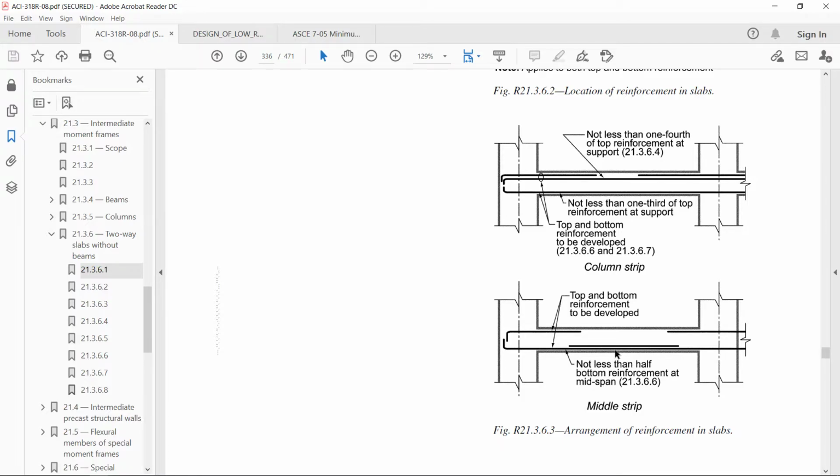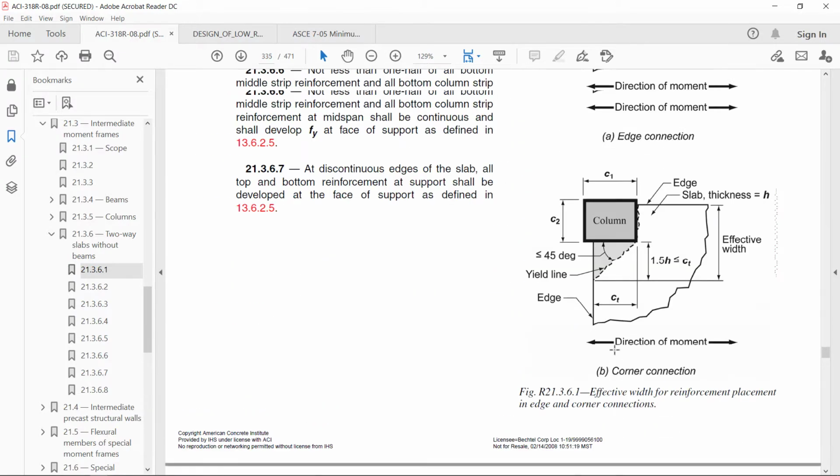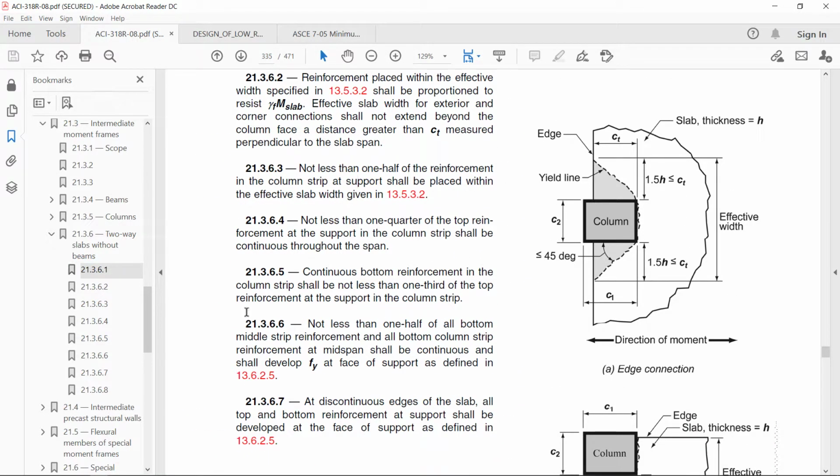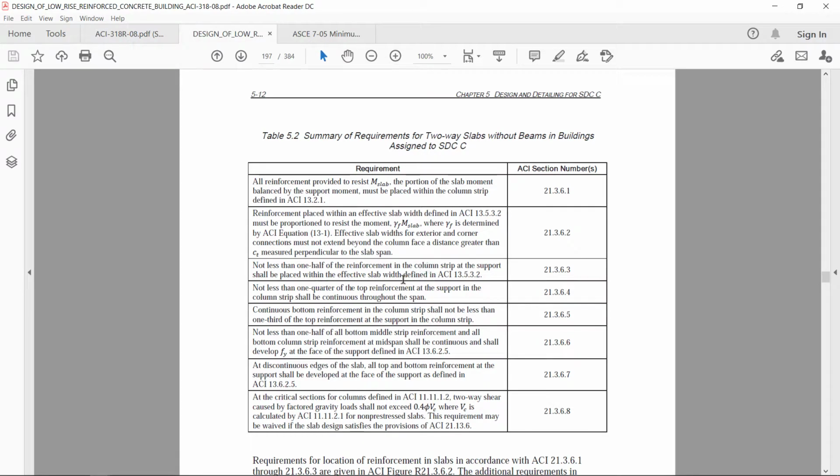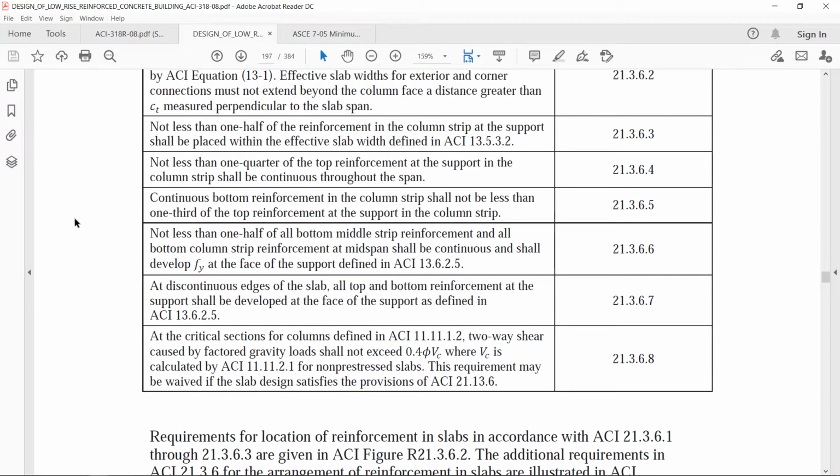So all these conditions are mentioned here in section 21.3.6.5, 21.3.6.4, etc. And the same thing is tabulated over here. That means not less than 1/4 of the top reinforcement at the support in the column strip shall be continuous throughout the span. Continuous bottom reinforcement in the column strip shall not be less than 1/3 of the top reinforcement.